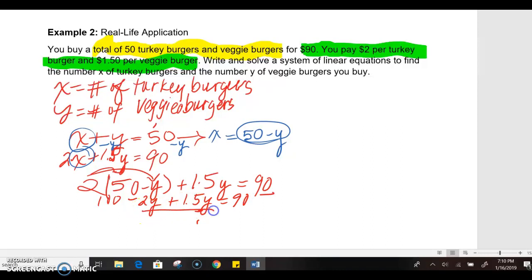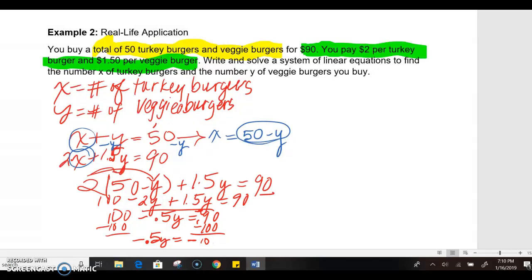Okay, combine your like terms again. So you have 100 minus 0.5y equals 90. And then subtract 100 from both sides. So this time you have negative 0.5y equals negative 10.